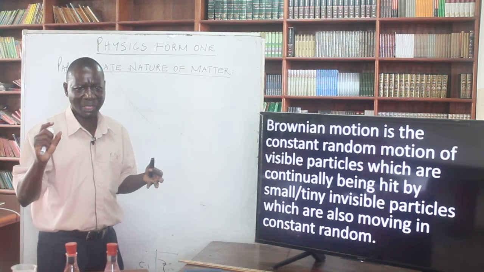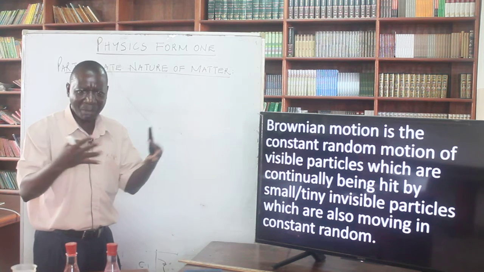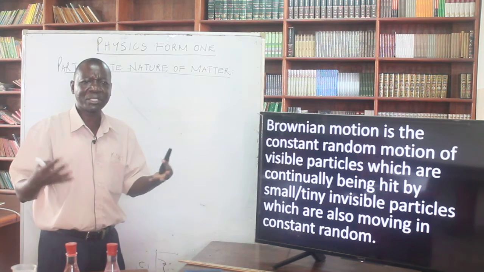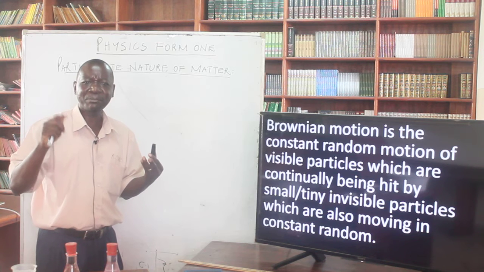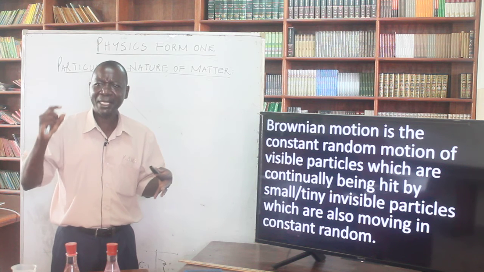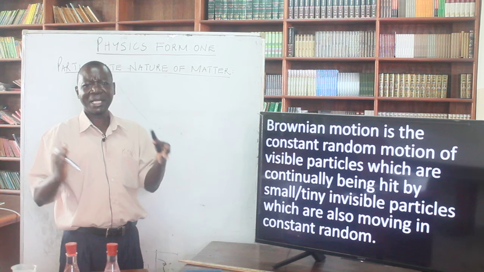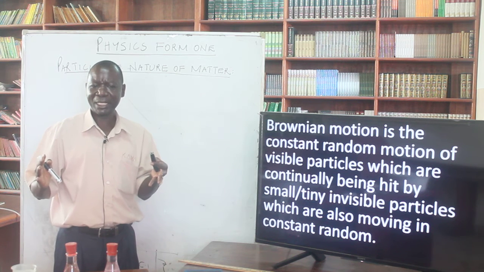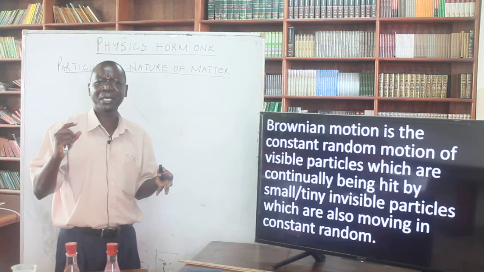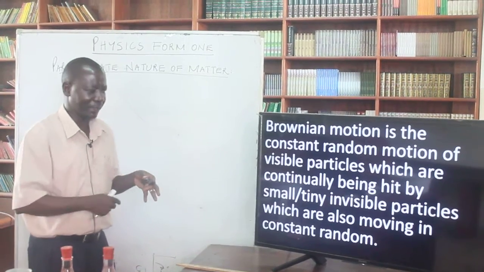So Brownian motion here is the motion of particles that we can see, moving in a constant random motion because they are being hit or bombarded by tiny invisible particles. There are some particles that we can see, and other particles that we cannot see. But the particles that we can see show us the motion of those particles which we cannot see.